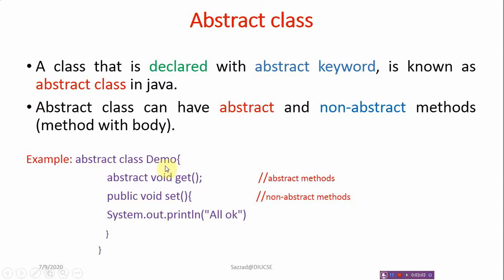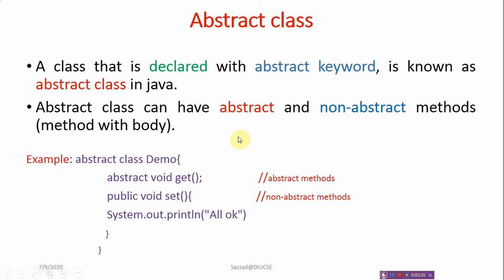For example, Demo is a class, and before Demo there is the abstract modifier, so it is an abstract class. An abstract class can have abstract and non-abstract methods at the same time. Non-abstract means a normal method with a body, but an abstract method has no body.